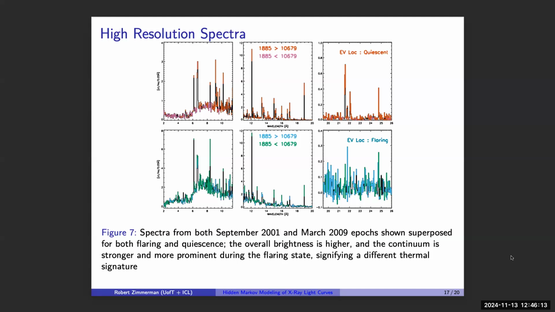But again, you get similar yields in this thing because once you have a flare, you have a higher temperature, and it's difficult to see obvious differences without actually modeling the spectrum, which we can't do because there are too few counts in several of the flares. So that's why we had to look at the hardness ratios.